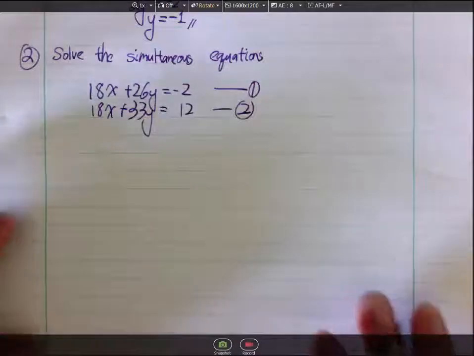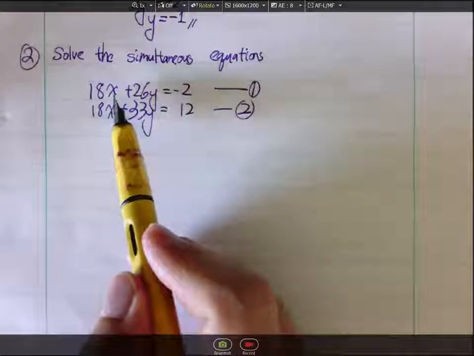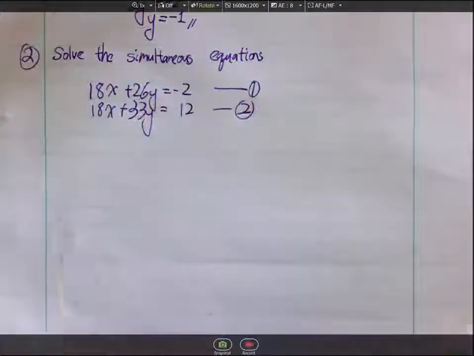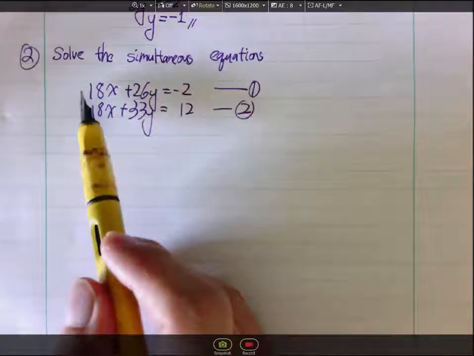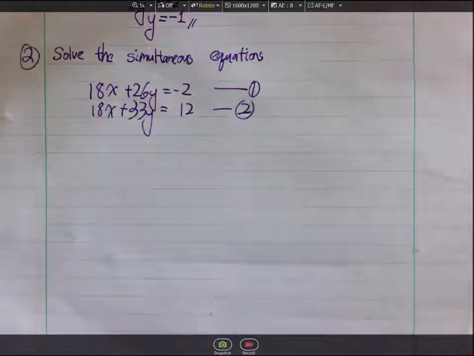First thing we look for is what we want to eliminate. In this case, we want to eliminate x. Why? Because we look for same value. 18x and 18x is same value. But notice that they both have the same sign, positive and positive. So as we have seen from the previous screen, same value, same sign, we will subtract the equations.